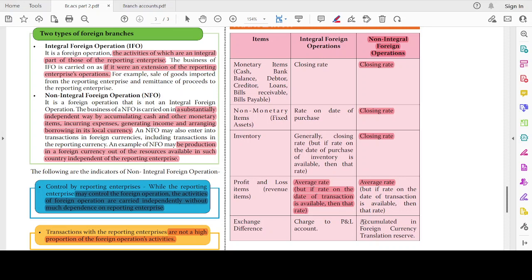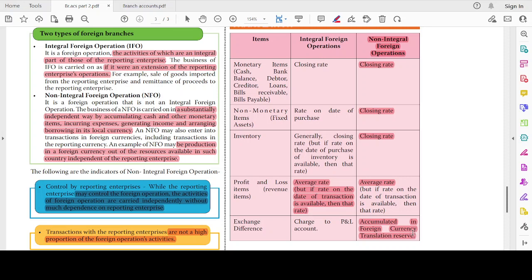The exchange difference here will be accumulated in the foreign currency translation reserve, because you are seeing it as a separate operation, right? It will be accumulated in the foreign currency translation reserve account until the end, because it is a separate operation which we may be able to sell.